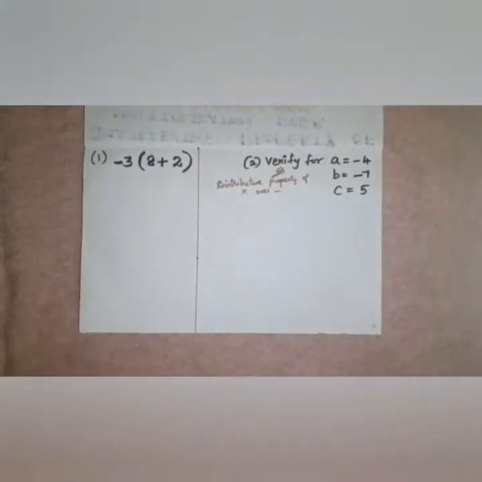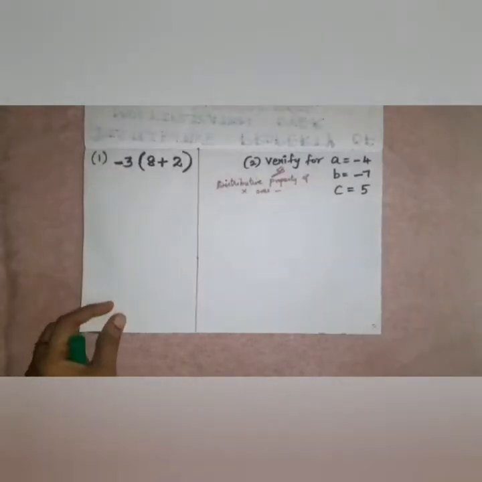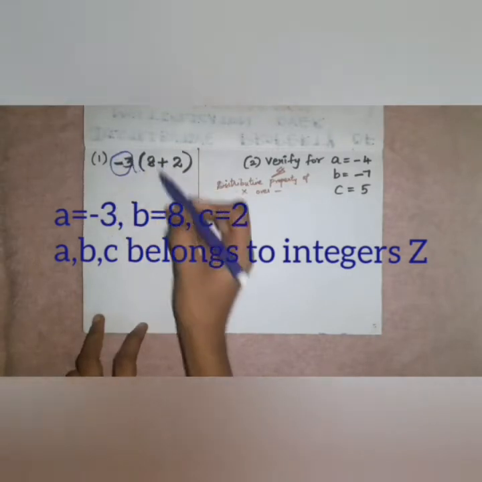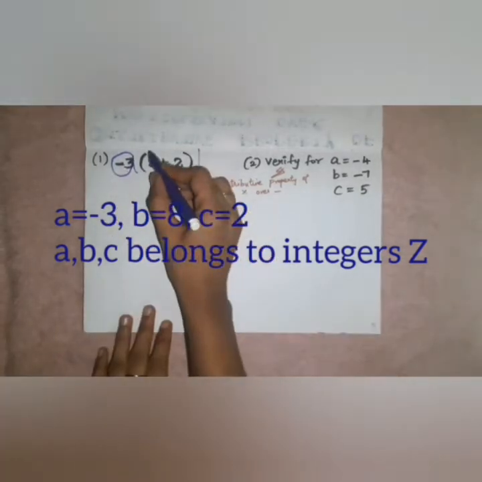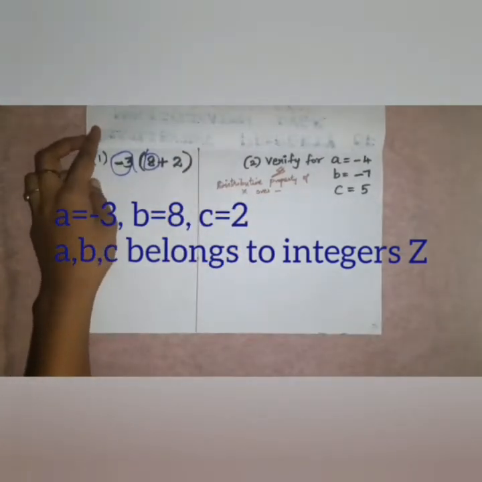First, I take A, B, C to be integers, so A, B, C belong to Z. A is minus 3, B is 8, C is equal to 2.